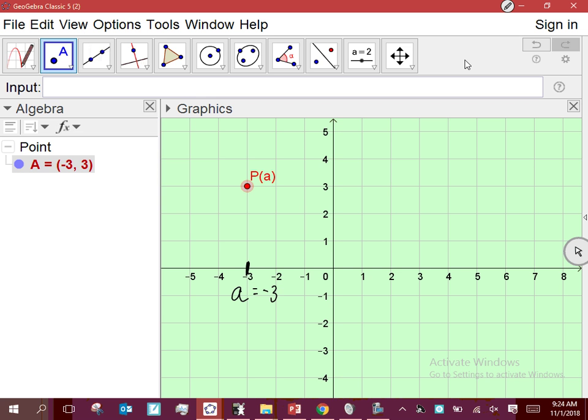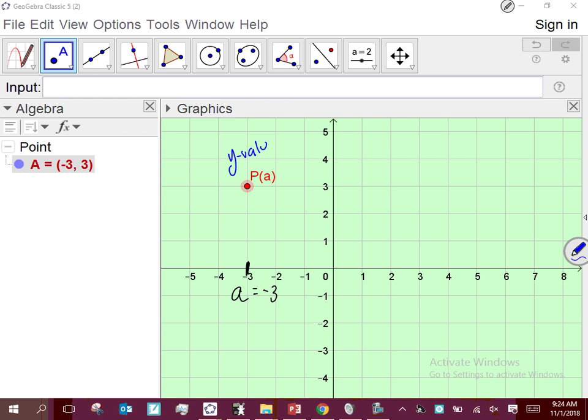All right, everybody? And what ultimately is going to use A to be -3, be P of -3. Okay? What's the Y value that I'm getting back there? 3. Okay? And really all I care about is that the Y value is positive, right?